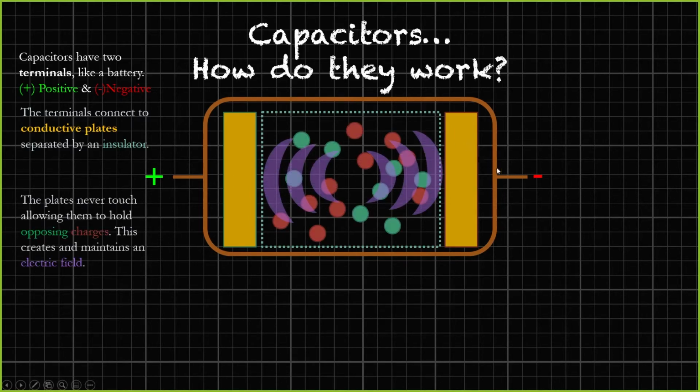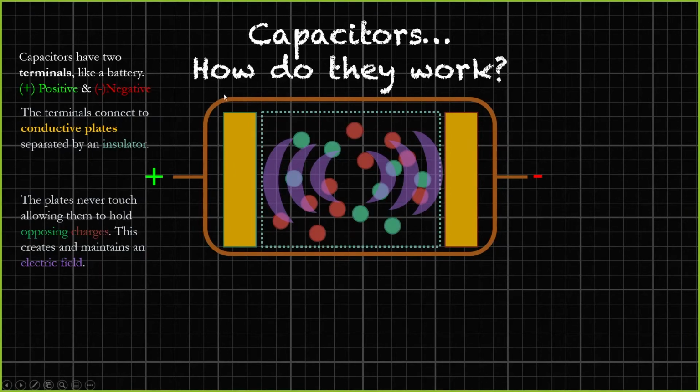The plates don't ever touch. That's key because if not, it would just be almost a quasi-resistor. And it allows them to hold opposing charges on either side. Now, what this actually is producing is very similar to a battery. We have a bias.